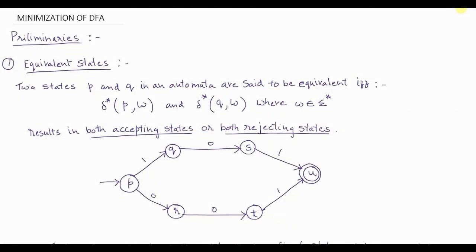In this lecture, we are going to study minimization of DFA. Now, what do you understand by minimization and why is it required? As we have already discussed, every DFA represents one unique language.